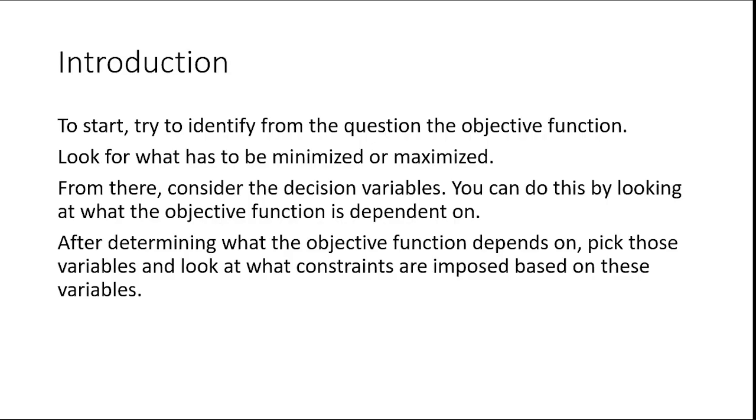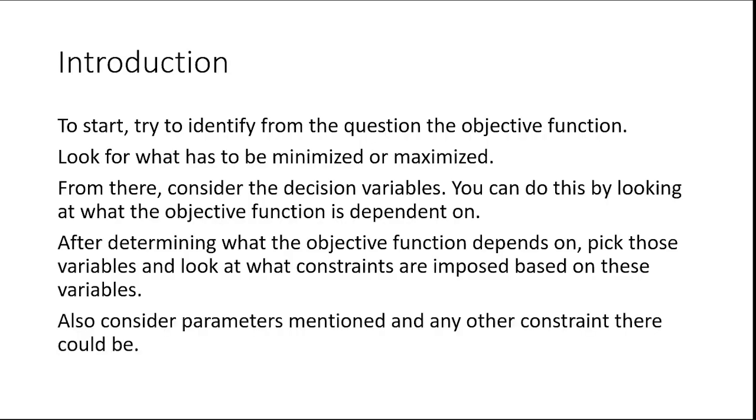So usually the constraints themselves would be based on these decision variables. You can have some constraints that are not directly related to the decision variables, but generally the constraints will be based on them. We'll see examples as we go along. Then you also consider parameters that are mentioned and any other constraints there could be.